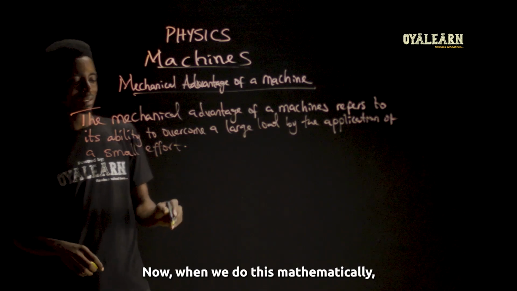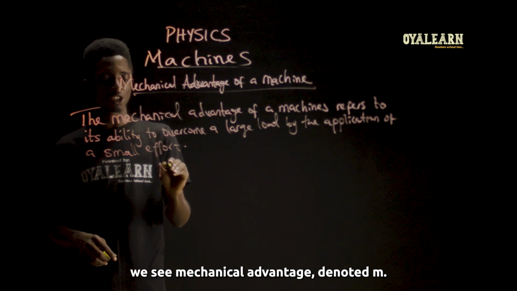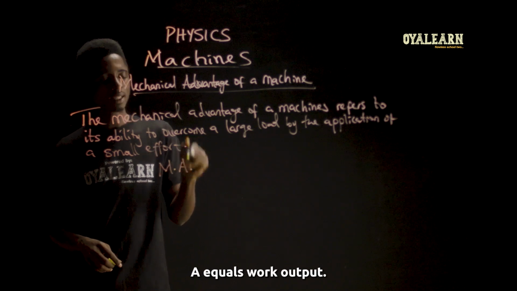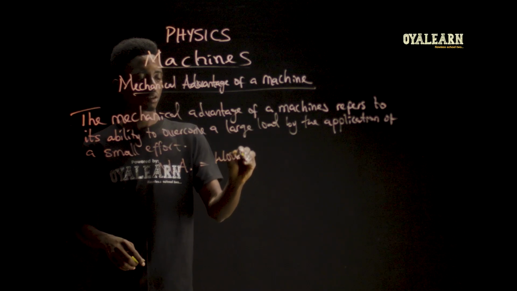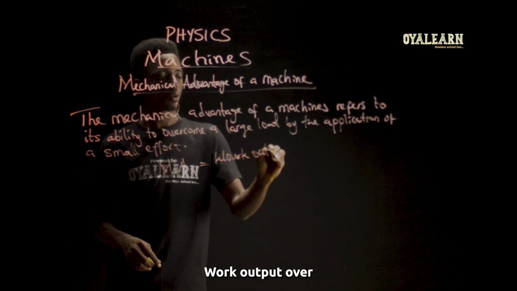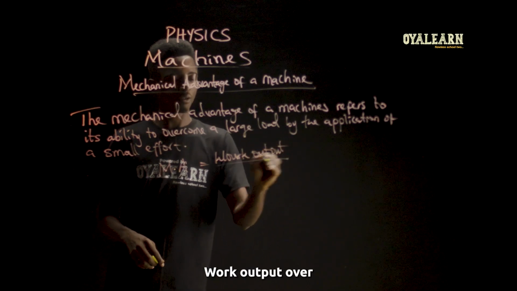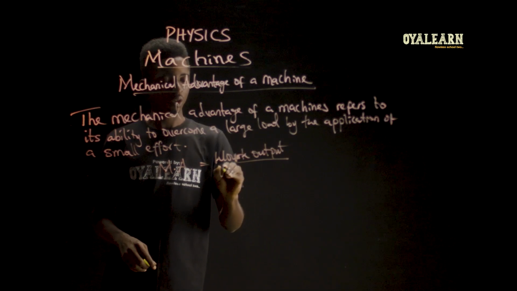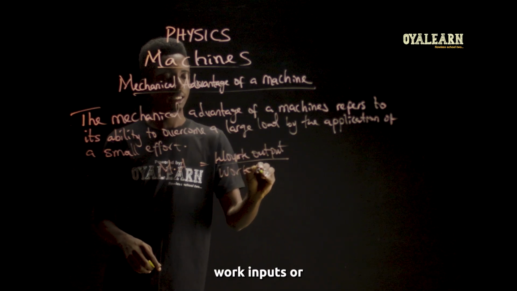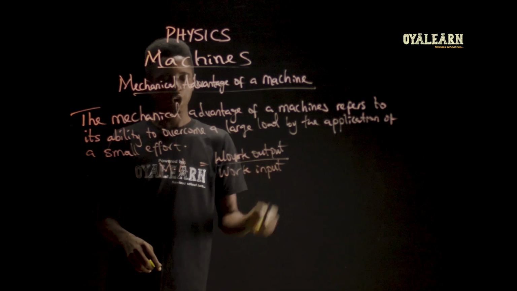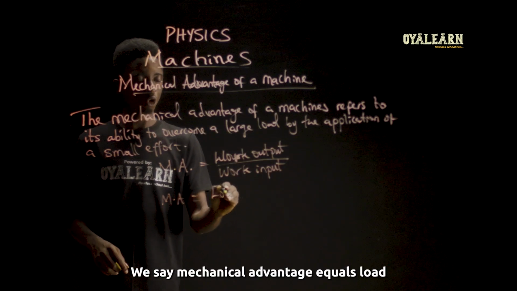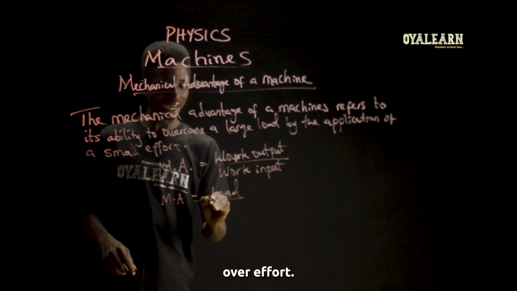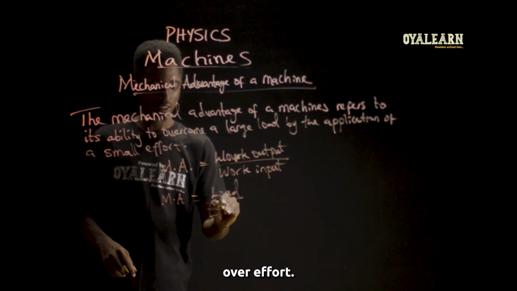Now, when we do this mathematically, we say mechanical advantage, denoted MA, equals work output over work input, or we say mechanical advantage equals load over effort.